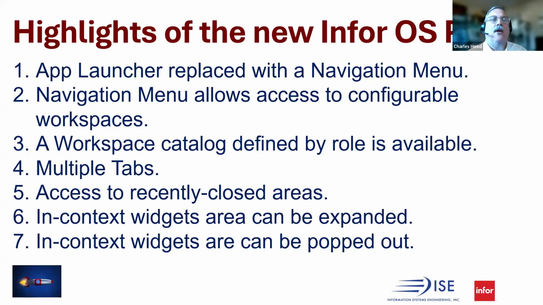Multiple tabs along the top of the frame that you're working in, which is really nice. That's probably my favorite feature in the new OS portal. There's access to recently closed areas. The in-context widget area can be expanded, and even the in-context widget area, that point seven should say area, can be popped out. So let's take a quick look at that.